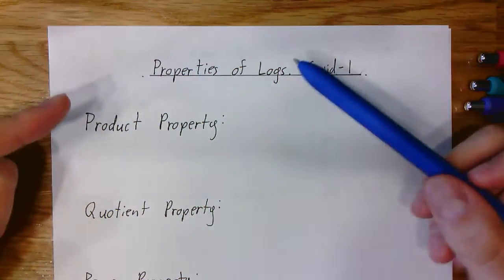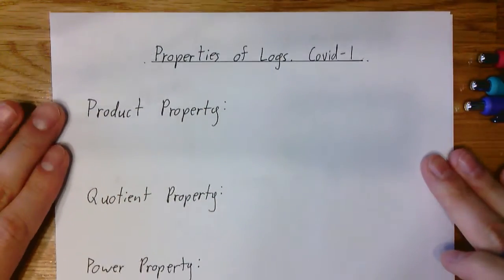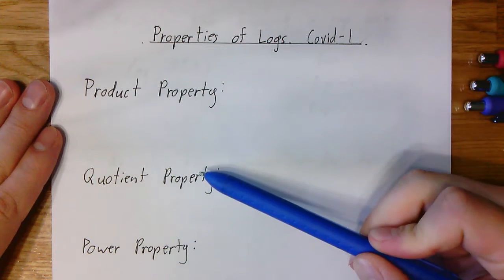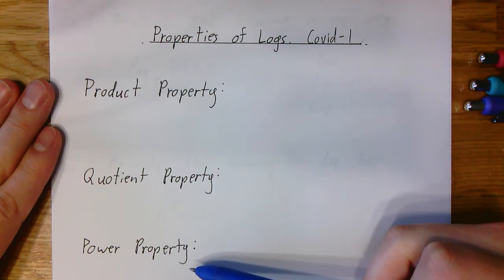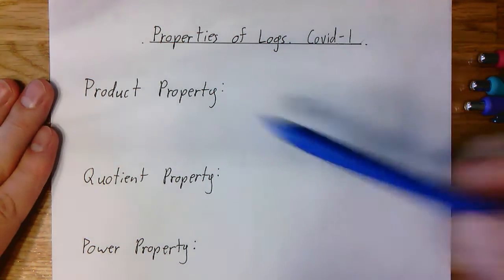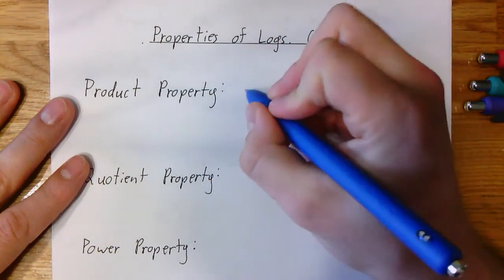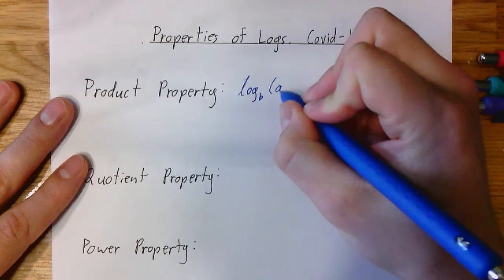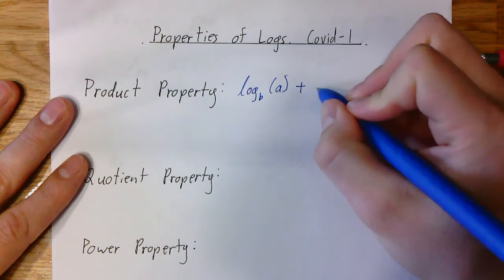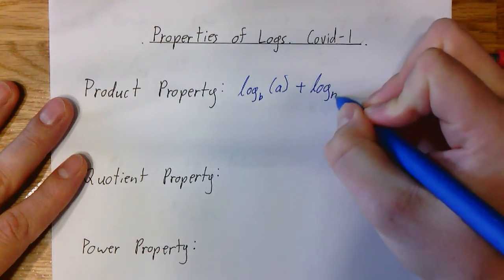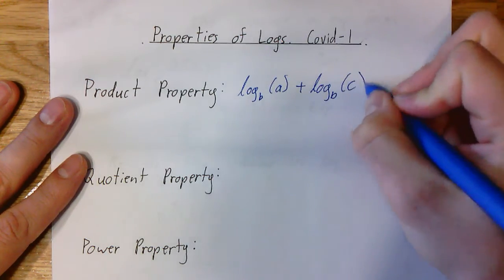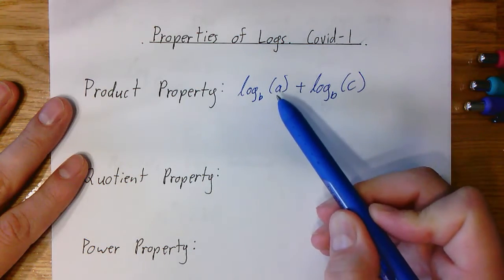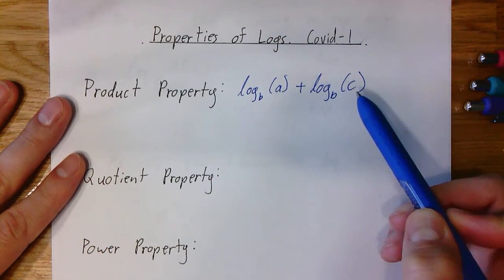So, properties of logs, there are three that you really need to remember. The product property, the quotient property, and then the power property. So, the product property says that if I have two logs with the same base and I add them together, we'll just put another C in there, that when I do this, I take these two arguments and multiply them together.